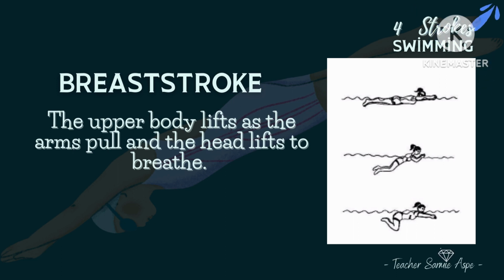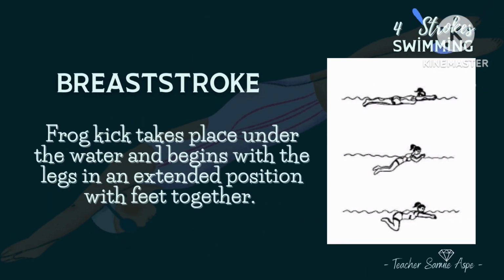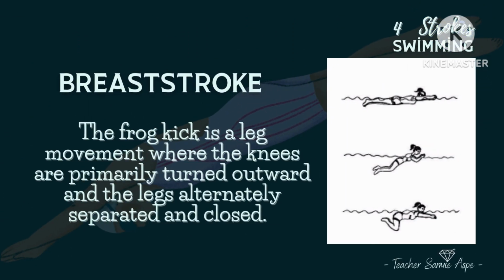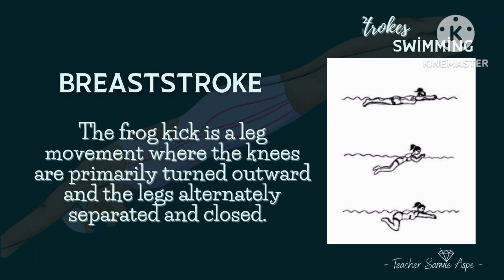The upper body lifts as the arms pull and the head lifts to breathe. Frog kick takes place under the water and begins with the legs in an extended position with feet together. The frog kick is a leg movement where the knees are primarily turned outward and the legs alternately separated and closed.